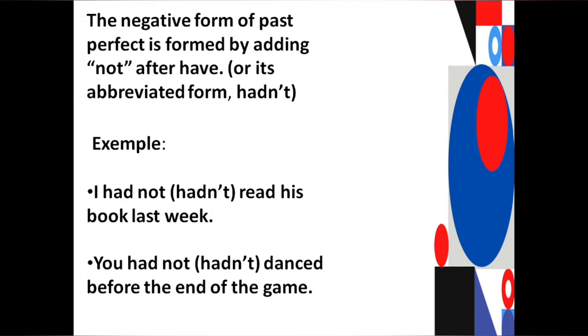We have had and read, that is the past participle. You had not danced before the end of the game, or you hadn't danced before the end of the game. It's totally okay if I use hadn't, just according to the rules.